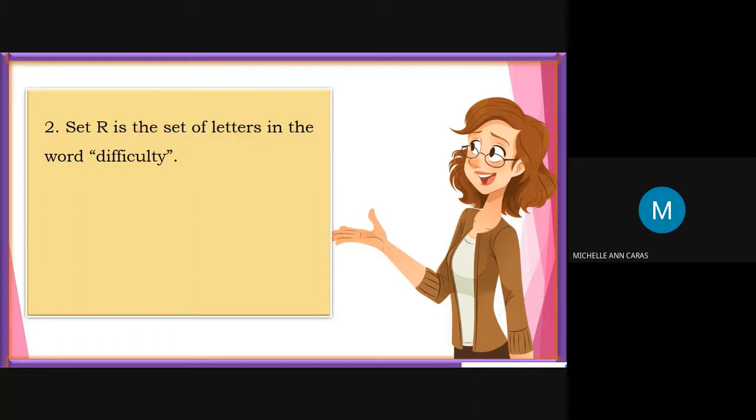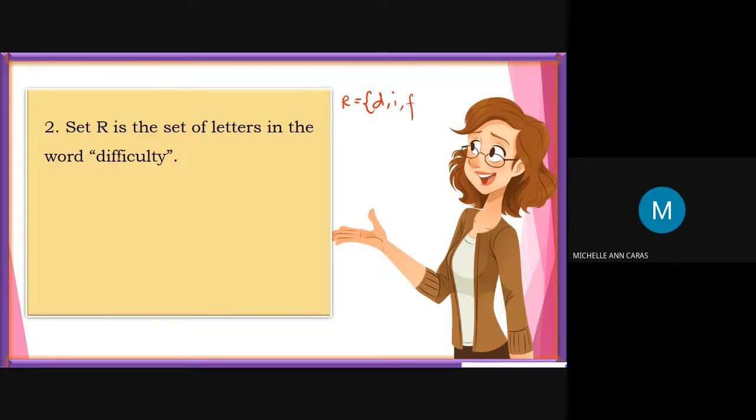Okay. So, kung i-list down natin class ang elements ng set R, kung i-list down natin yung difficulty, ano ba itong letters nga under diri? So, we're going to start from D. Ano sunod? I. Ano ang sunod? F. Okay.